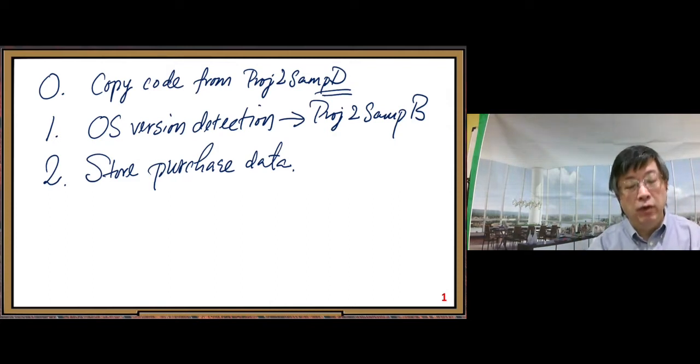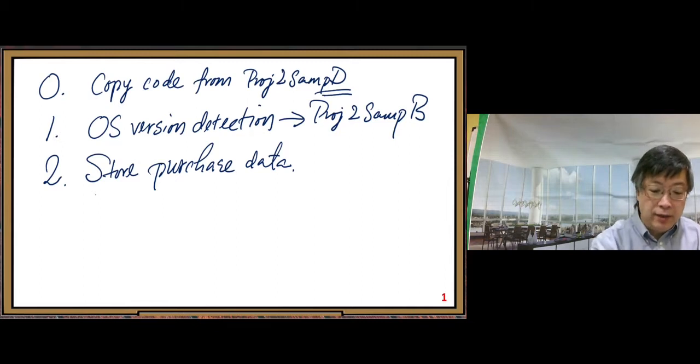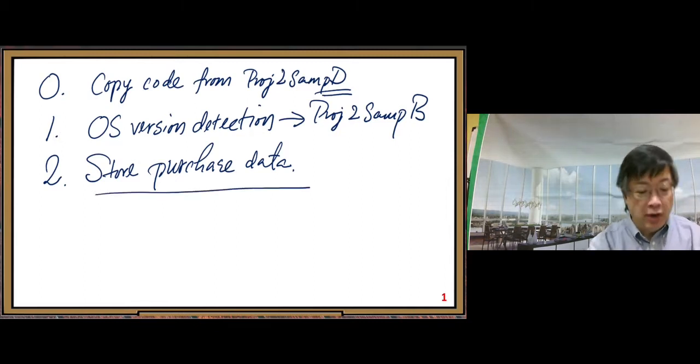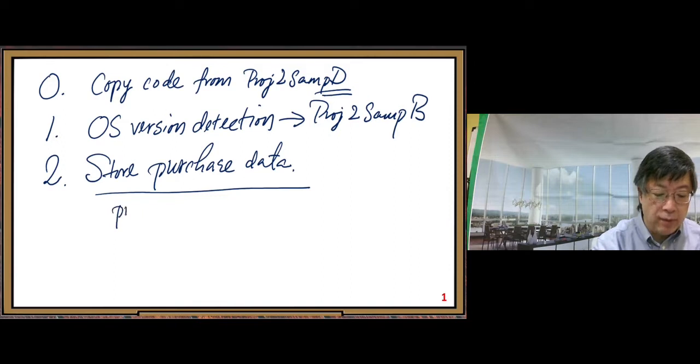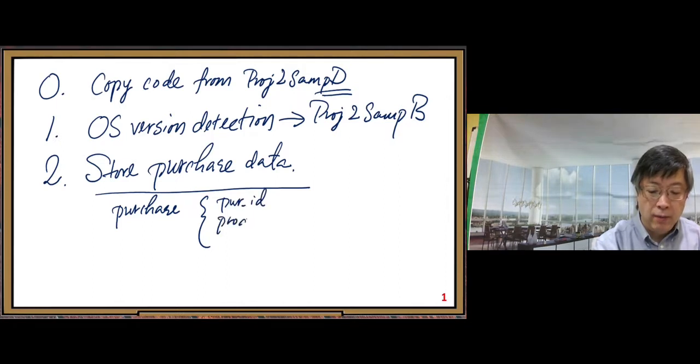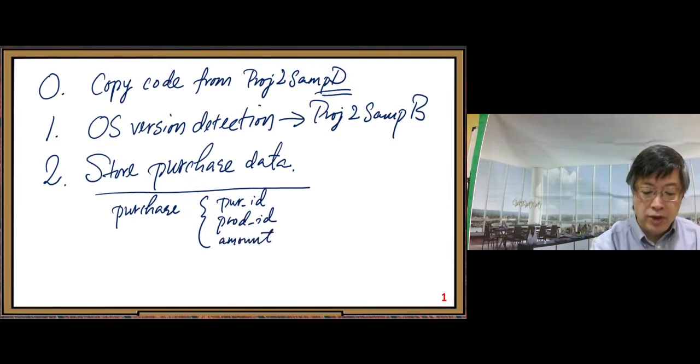Pretty simple, straightforward. But in our purchase table, we have some fields, right? Per ID, product ID, purchase amount, and a text.